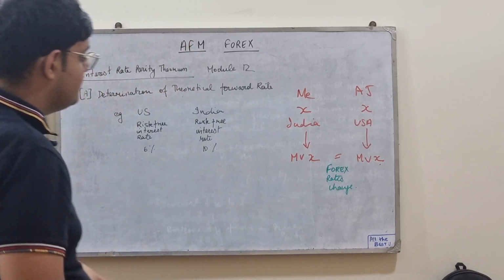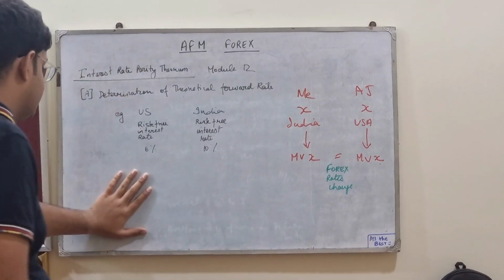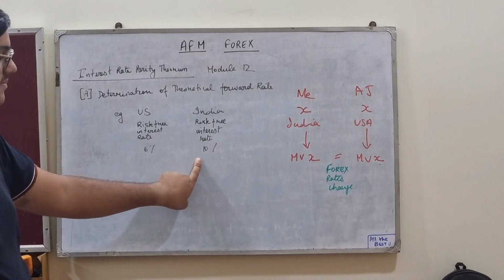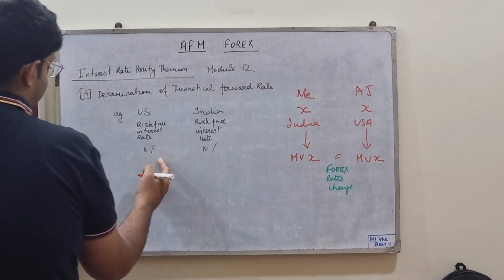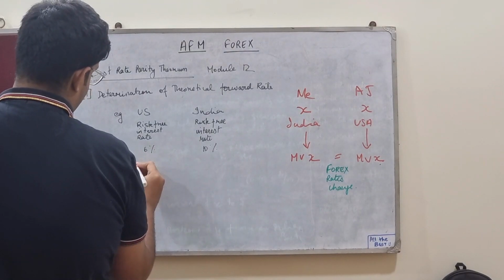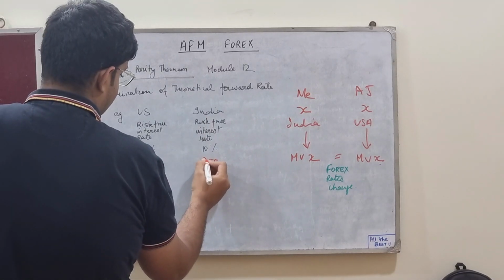Since the interest rates are the same, it's easy to follow. Let's take an example where Angelina Jolie invests at 6% and I invest at 10%. When she invests at 6%, she will get $1.06 and I will get 55 rupees.